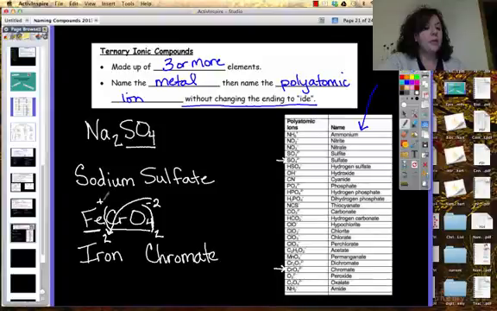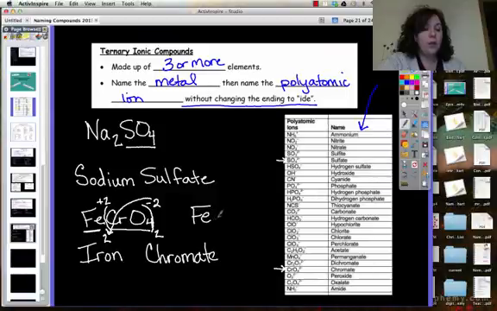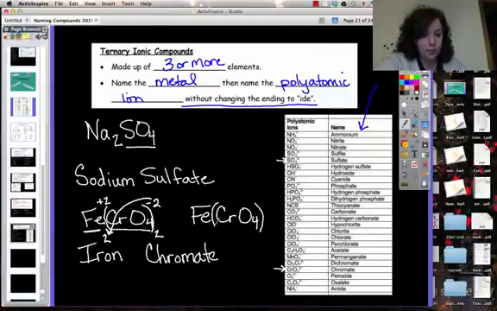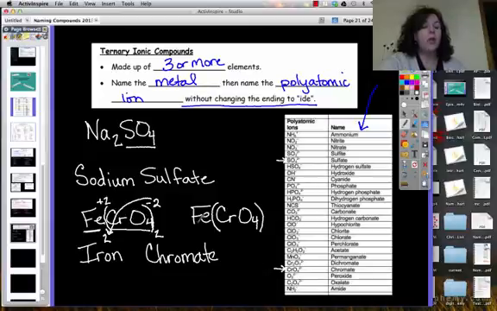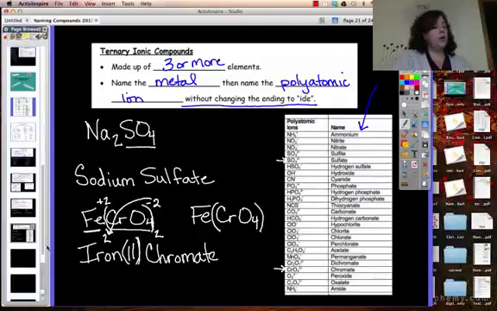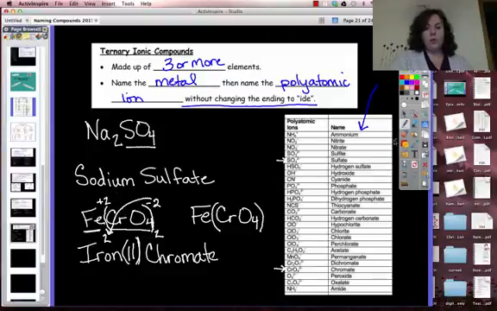So that means this has to be a +2. +2, -2 cancel each other out because the formula I was given has no numbers. That 4 goes with chromate. There's only one chromate and one iron. So I know that iron is Roman numeral 2. Those are parentheses.